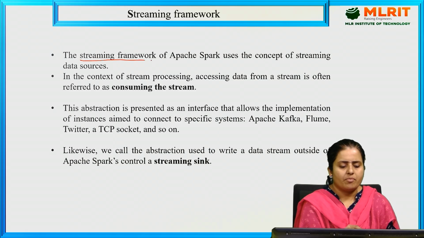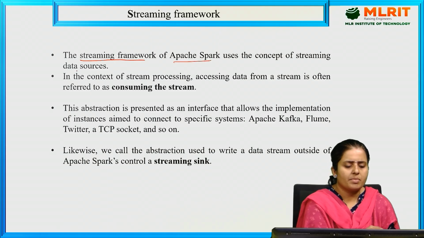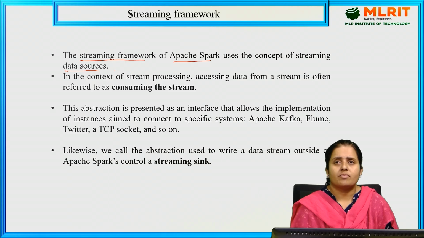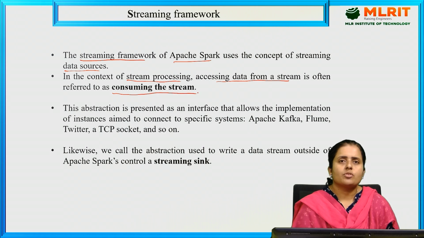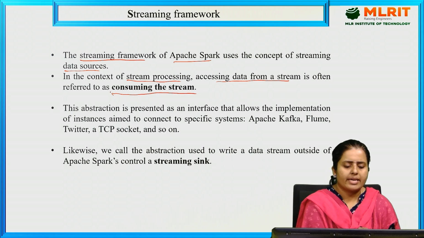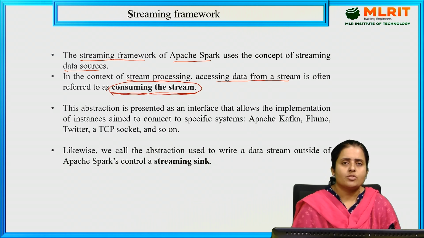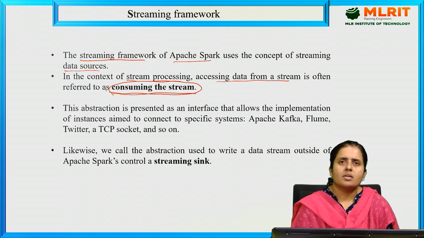The streaming framework of Apache Spark uses the concept of streaming data sources. As I told you in the previous slide, it involves the data source first as a framework. In the context of stream processing, accessing data from a stream is often referred to as consuming the stream, which is technically the data source.